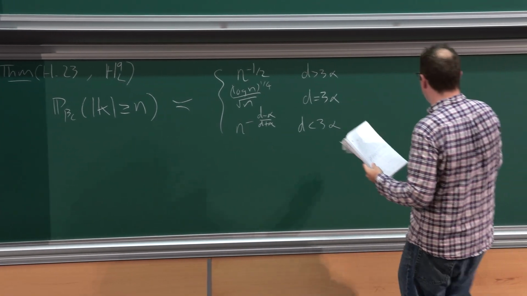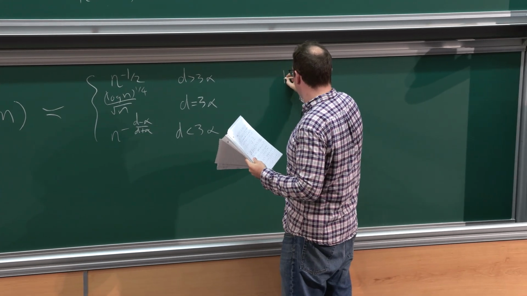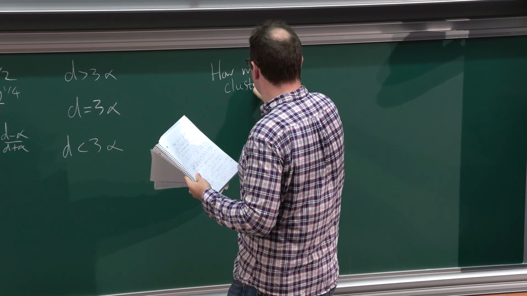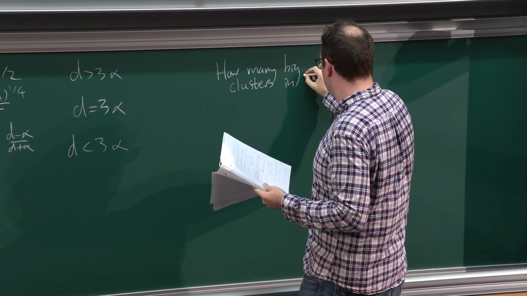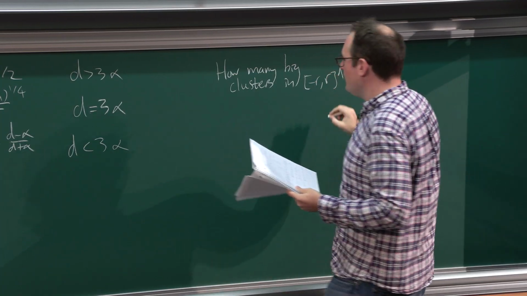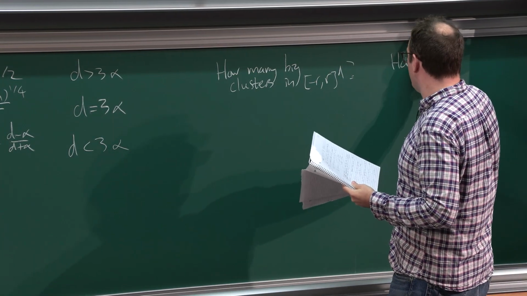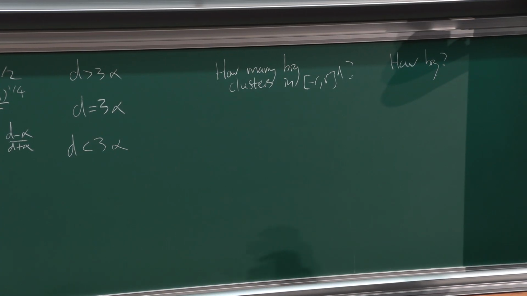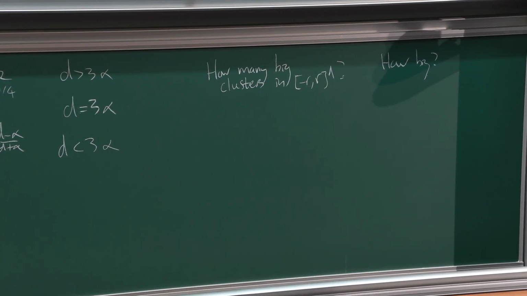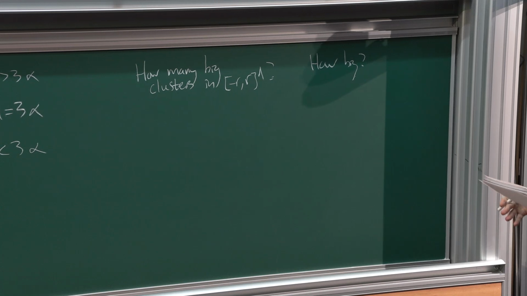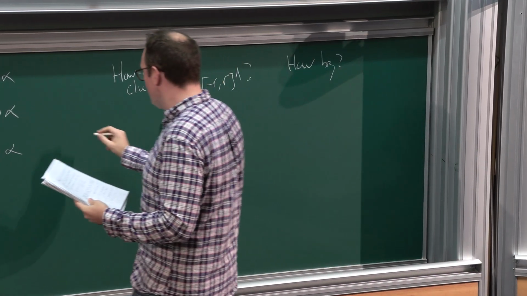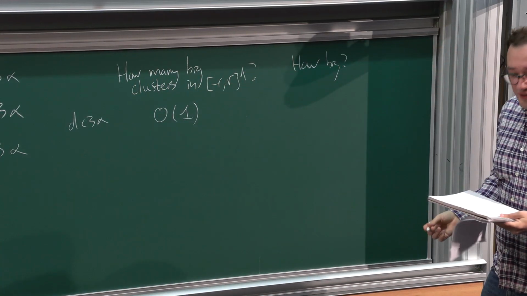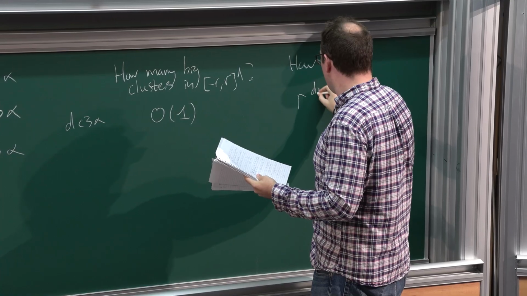So you get this basic thing that if you ask how many big clusters there are in the scale on some size r, and how big are they, then you get this dichotomy between the low-dimensional and high-dimensional cases that we were discussing in our non-rigorous overview, which is that in low dimensions, you get order 1 big clusters that have size r to the (d plus alpha) over 2.